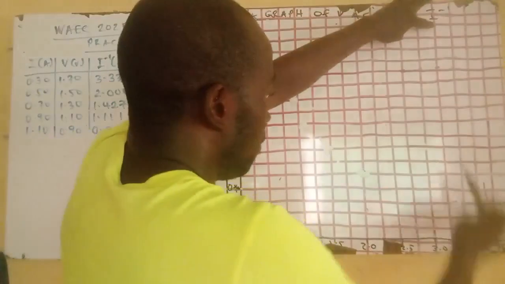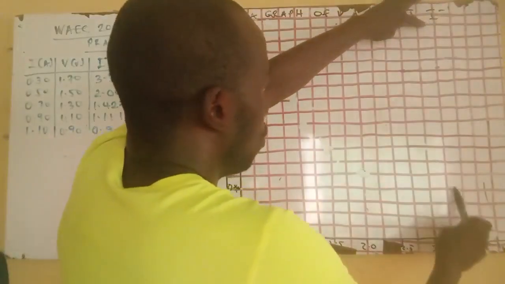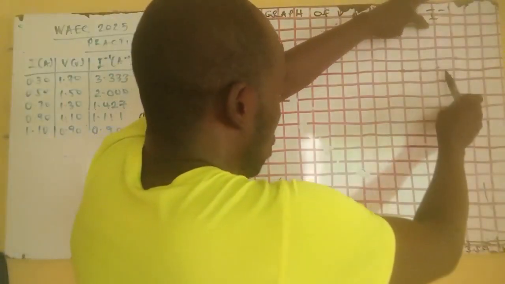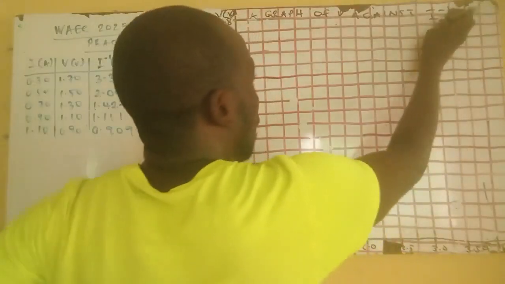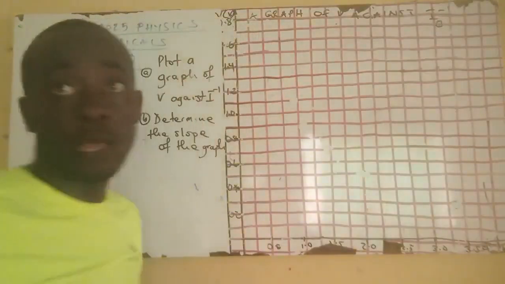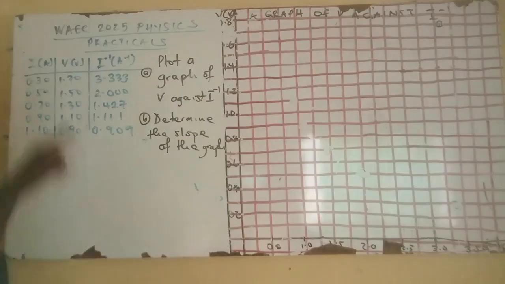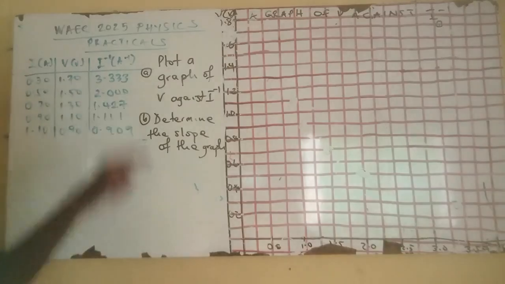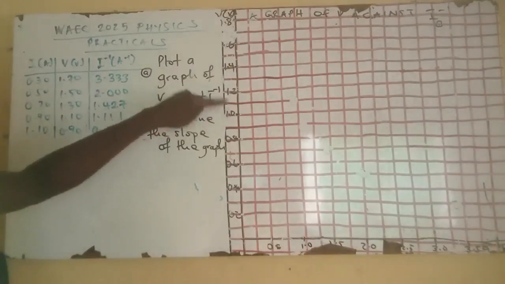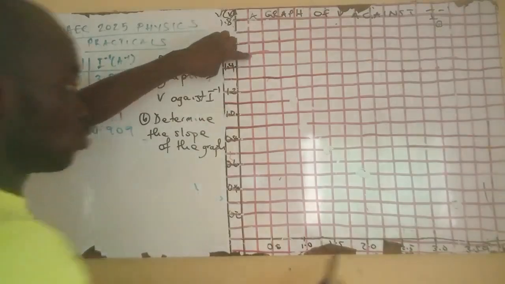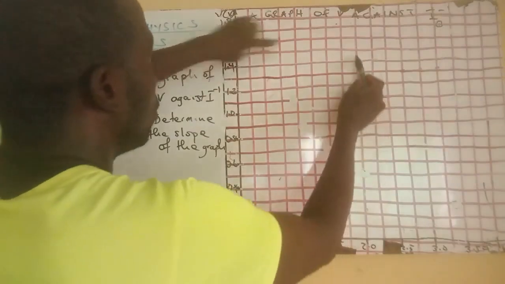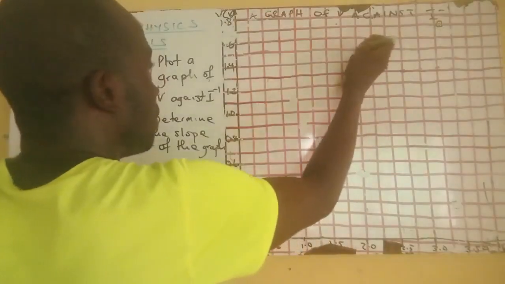So look at the place where it joins. We are going to have it here. That's our point. Now the next point is 1.5 and 2. So 1.5 here, 1.5 on the y-axis. Now 2. Let's see where it meets this place.